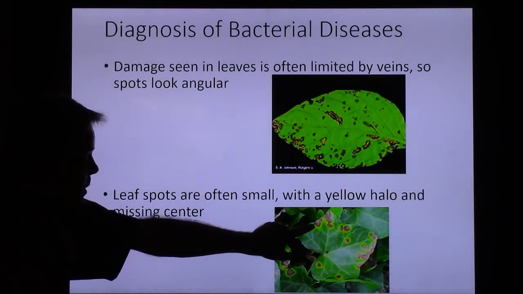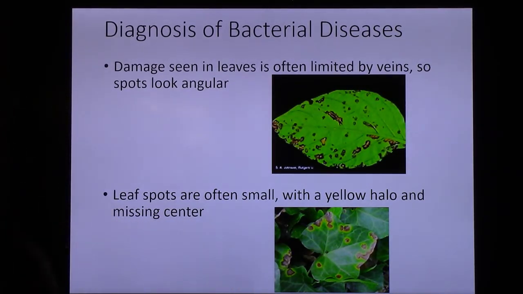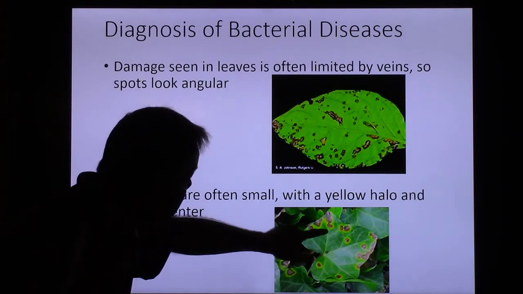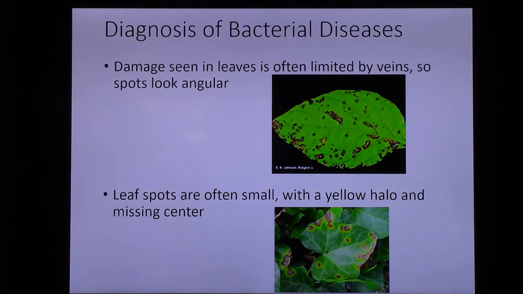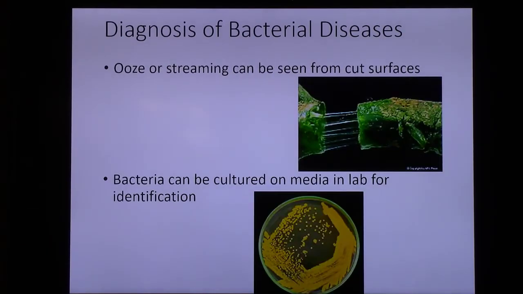This is the tissue that's going to die next, or show symptoms next. So that yellow halo shows the bacteria actually moving through that leaf material. And it's also there along the vein, within the veins. So if you see that yellow halo, even if it does look circular, that is a pretty good indication we're dealing with bacteria.